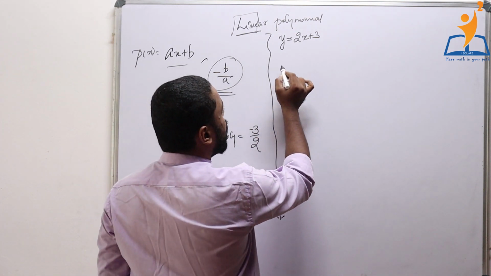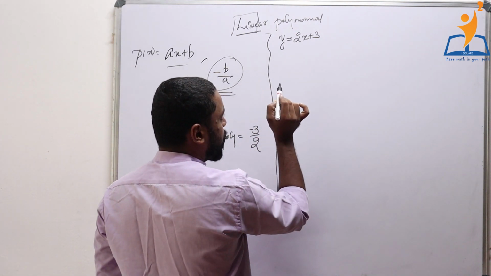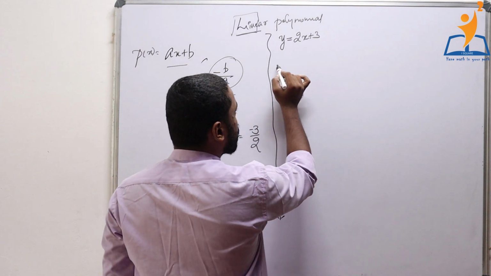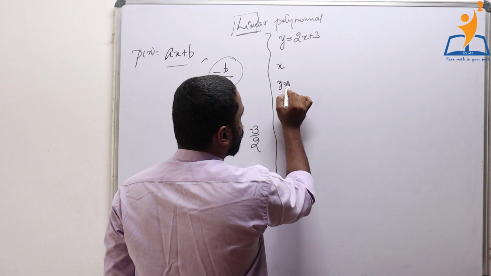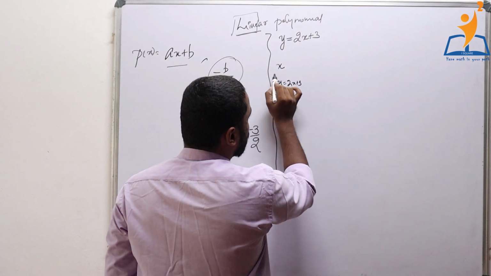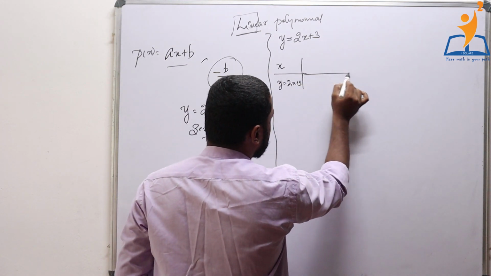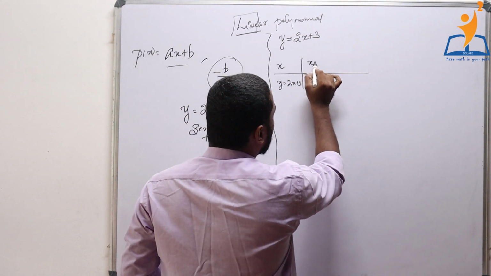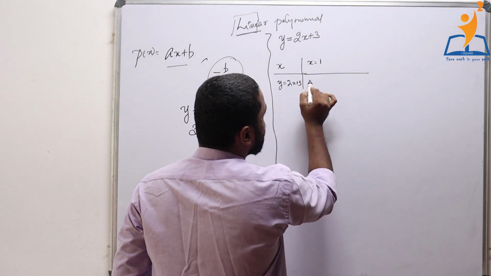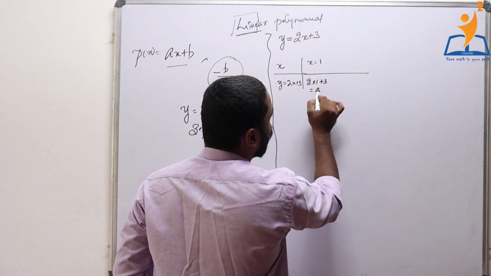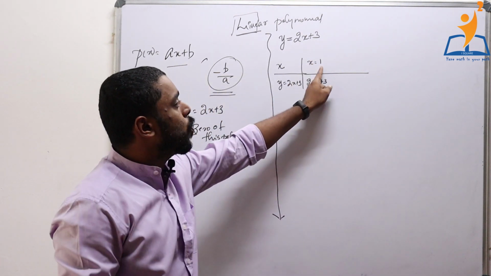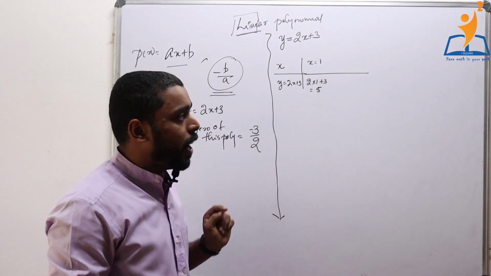In order to plot a graph we need points. For that, let us put x and y is equal to 2x plus 3 as columns and rows like this. When x is equal to 1, y is equal to 2 into 1 plus 3 equal to 5. So whenever x equal to 1, y will be 5.